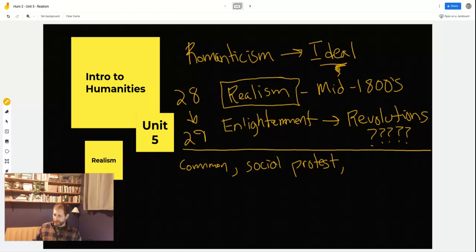We continue to see that. We also see the everyday, regardless of social class. The realists were very interested in everyday occurrences of everybody. It wasn't as often lower and middle class people, but the common everyday experiences of people is what started to become of primary focus.